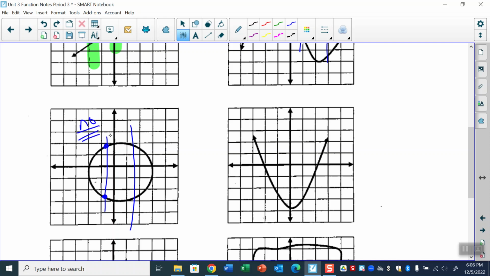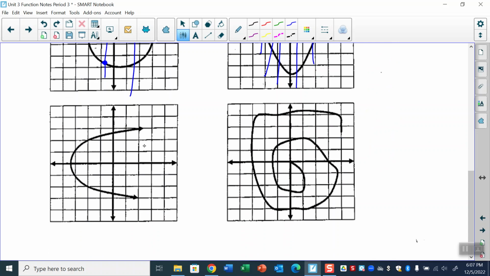So no, not a function. Okay, a parabola crosses 1 time. Yes. Okay, a sideways parabola. No, not a function. Okay, any squiggly spiral, not a function.